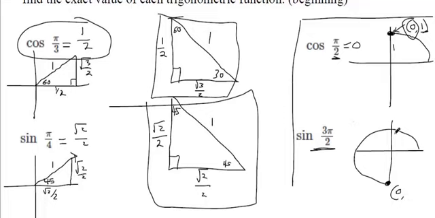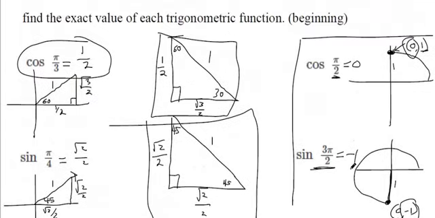And it's gone down 1 on the y-axis, because it's the unit circle, so the radius is 1. But that's down, so that's why I'm putting a -1 there. Sine is always the y-coordinate of points on the unit circle, so this is -1. And that's it. That should be all the different types of problems you see for this part.